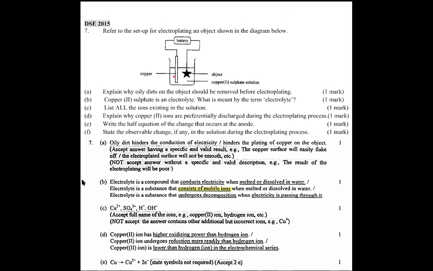However, in this experiment, it uses copper as an anode, so it will release copper(II) ions back into the electrolyte. So the rate of consuming copper(II) ions in the electrolyte is the same as the rate of producing copper(II) ions into the electrolyte. So it should be no change.